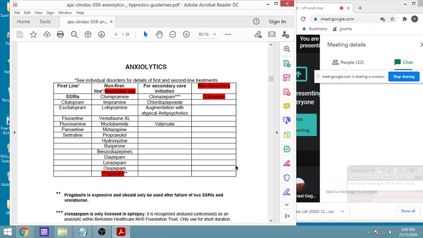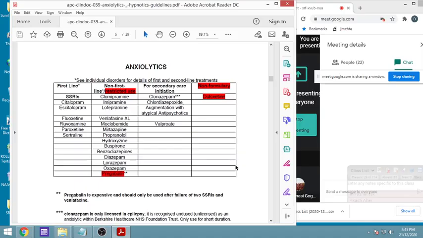For secondary care initiation, we can have clonazepam, which is actually licensed for epilepsy. It can be used, we call it off-label use, because the label use is epilepsy, but we can use it in these conditions. Then chlordiazepoxide.